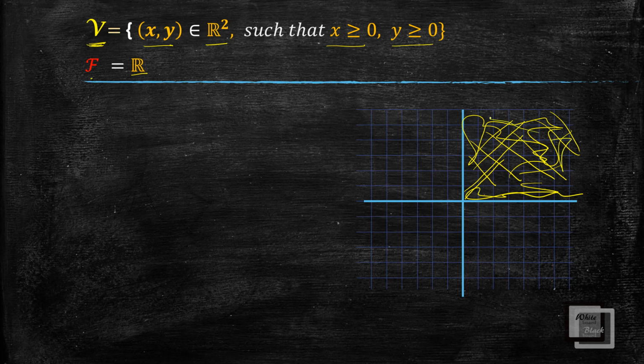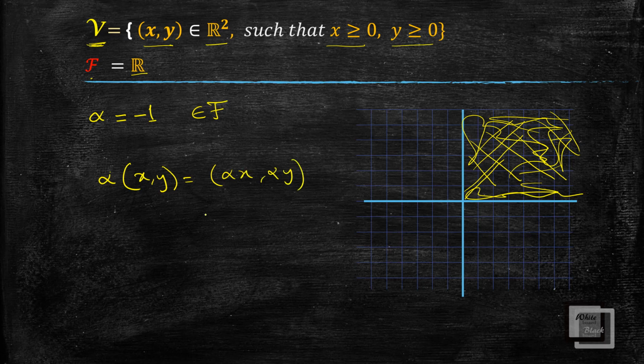So if I want to check whether this V is a vector space over a field F or not, let us see: if I choose a scalar alpha equal to, say, minus 1, it belongs to field F, and multiply alpha with a vector of V, that is (x, y), then I will get (alpha x, alpha y), that is (minus x, minus y).